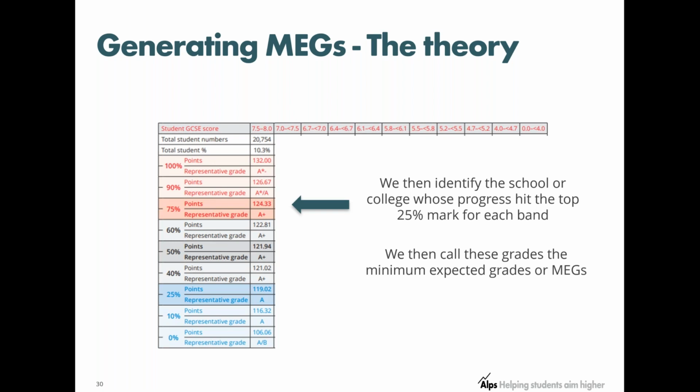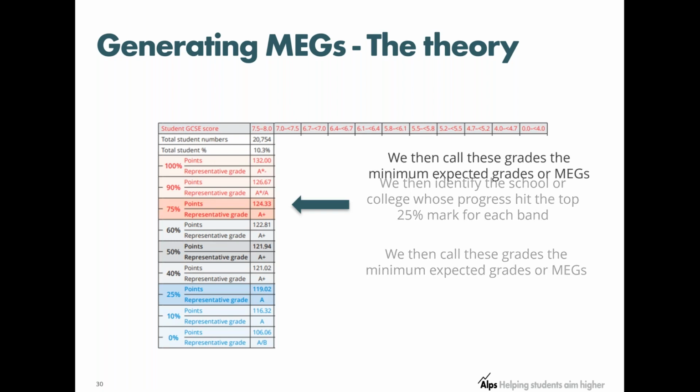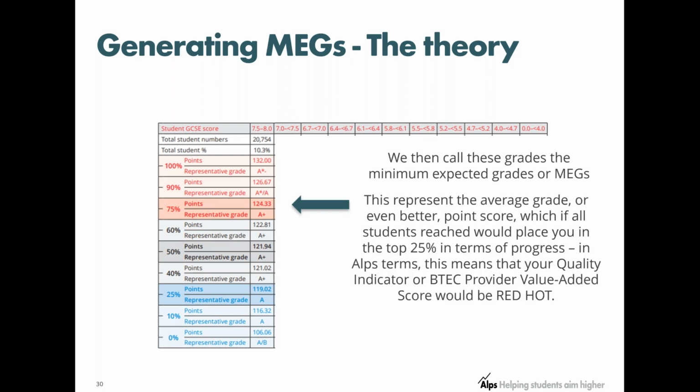If you drop below it, as a school you're at risk of being below that 25% progress mark. If all of your students hit that grade, you would be red hot, a school making progress in the top 25%. That's the idea.